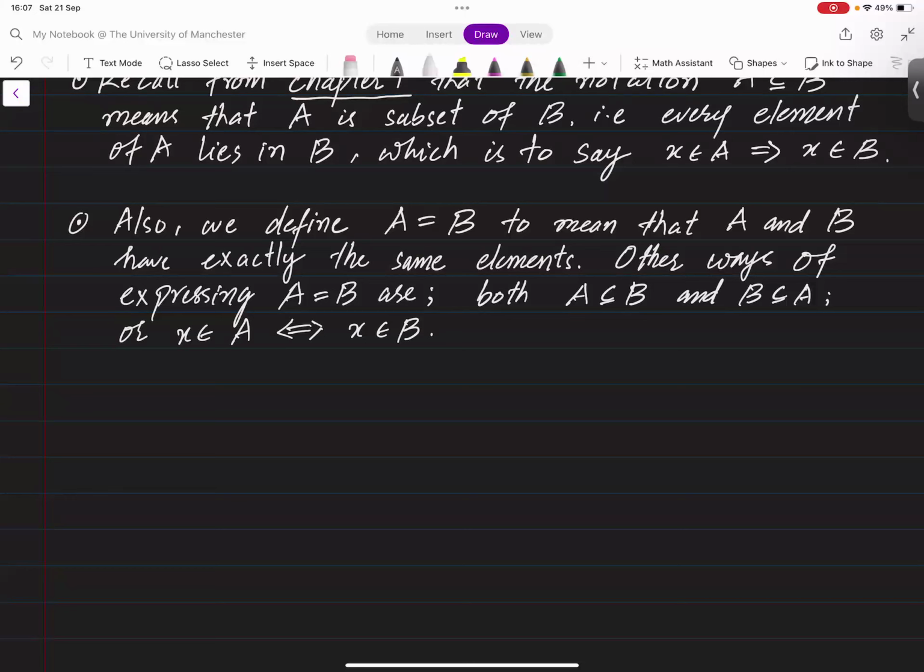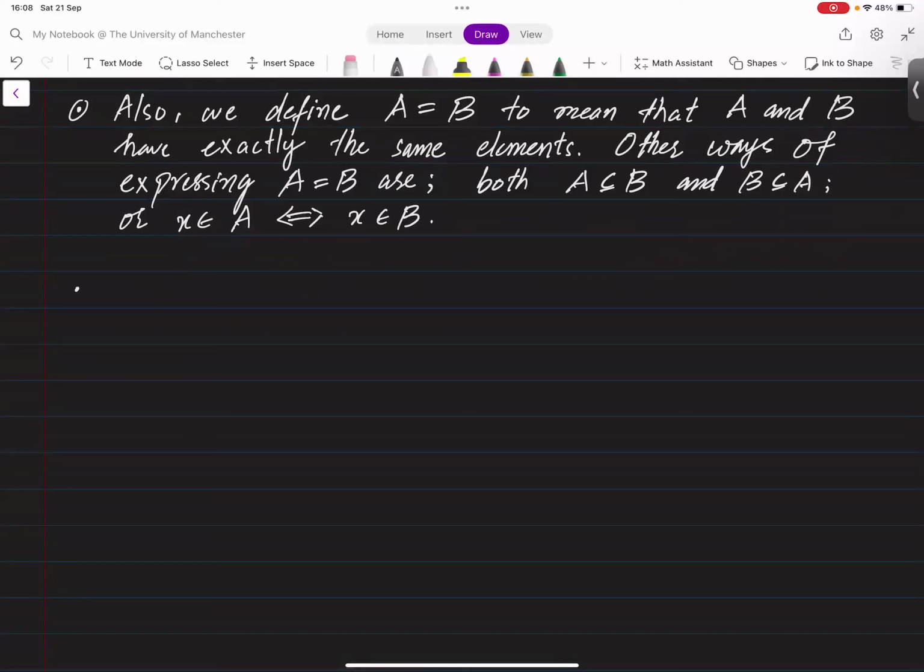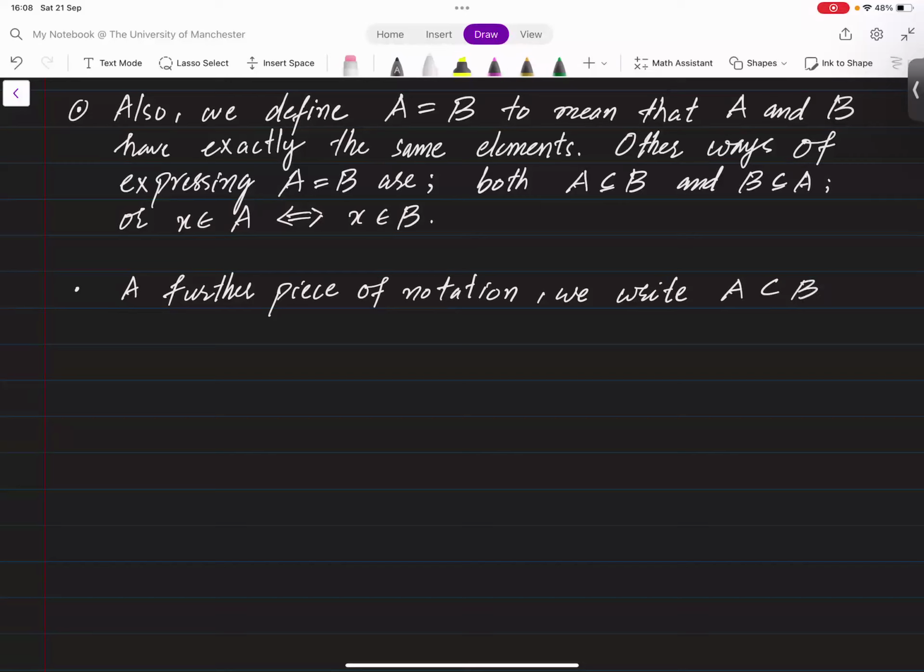And now, a further piece of notation is that if we write A is strictly contained in B, it means that A is a subset of B and A is not equal to B. It's a proper subset.